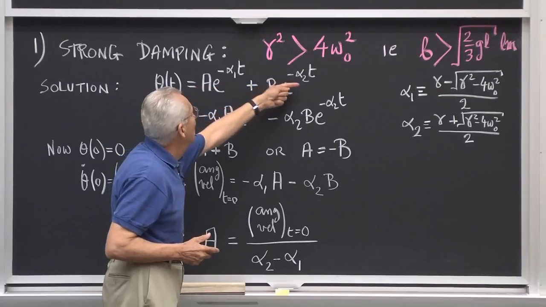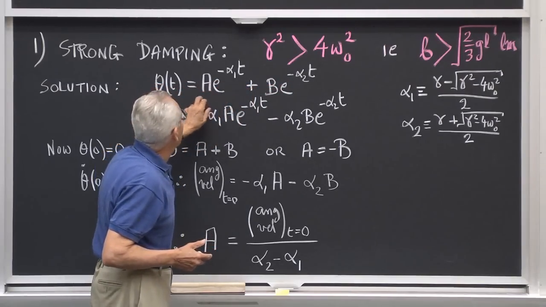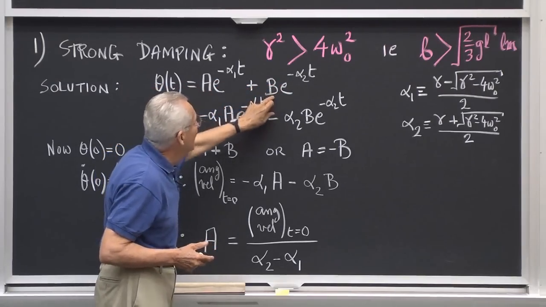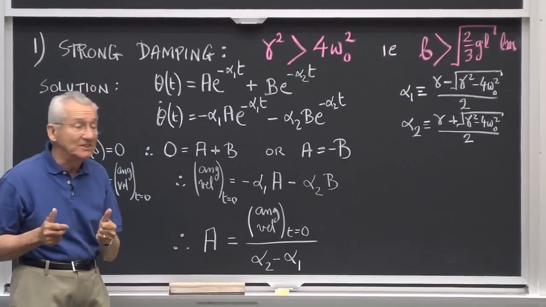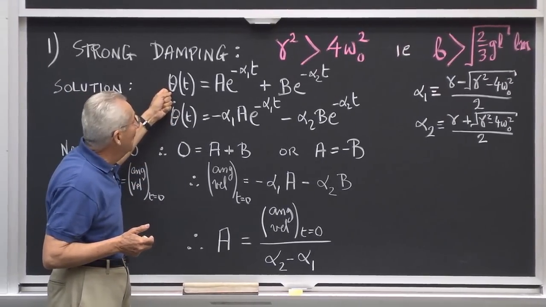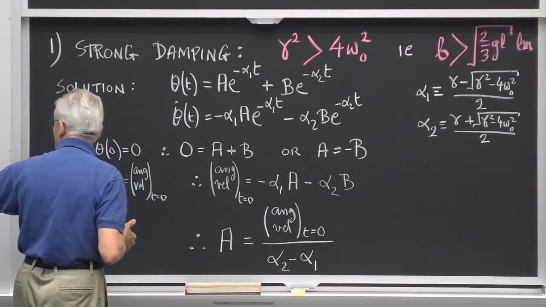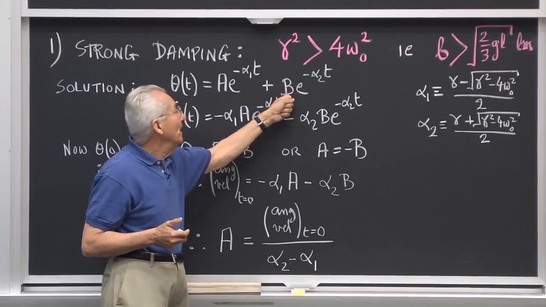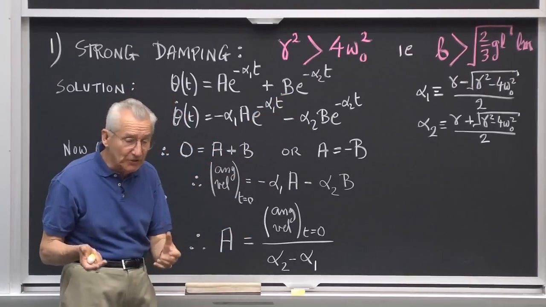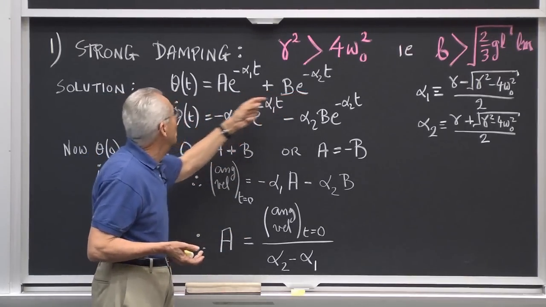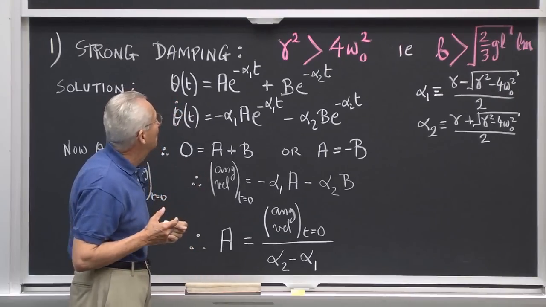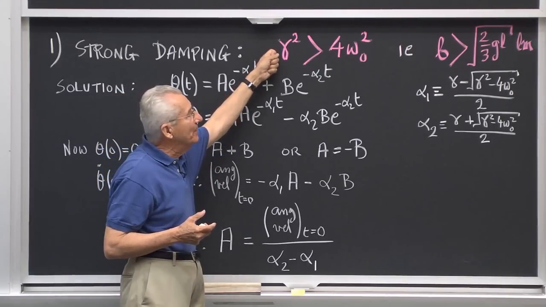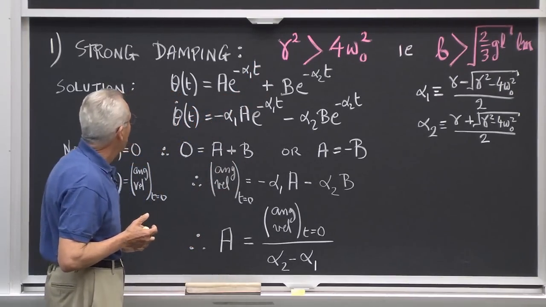So here, every term is known. The A and the B are the two arbitrary constants. In other words, this equation satisfies our equation of motion for all values of A and B. So, again, by the uniqueness theorem, this is the most general solution to our problem, provided the damping is very high.